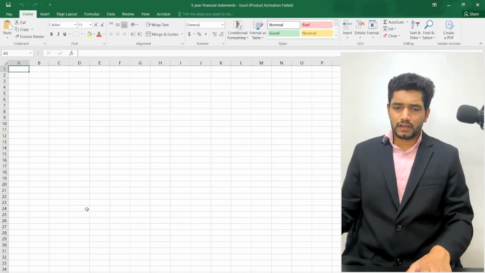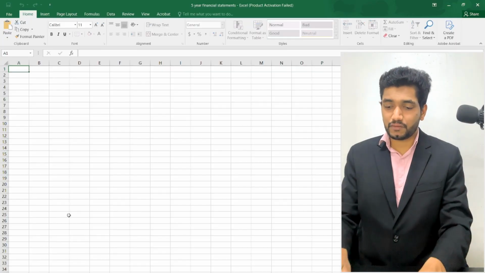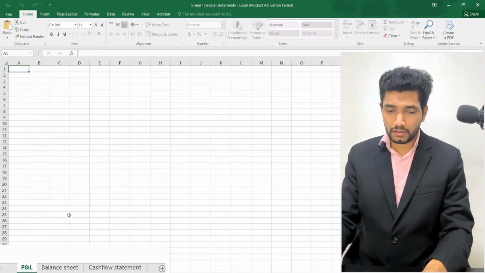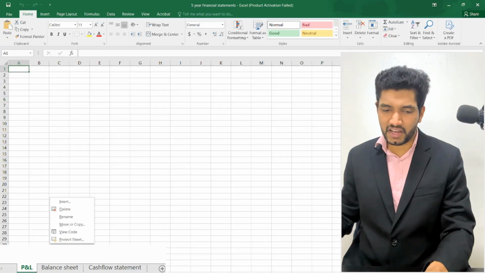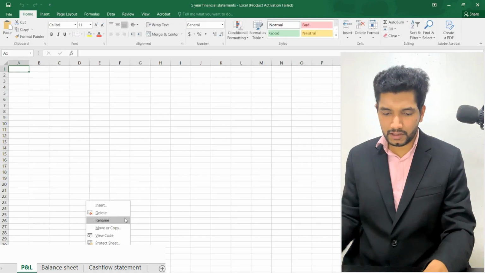In the Excel, I already have a tab. I will convert this to my profit and loss account, P&L. Then the next tab will be my balance sheet. The next tab will be my cash flow.